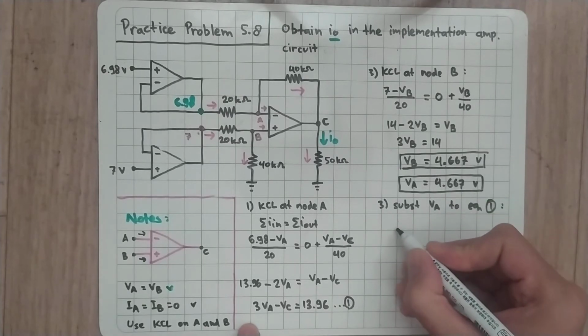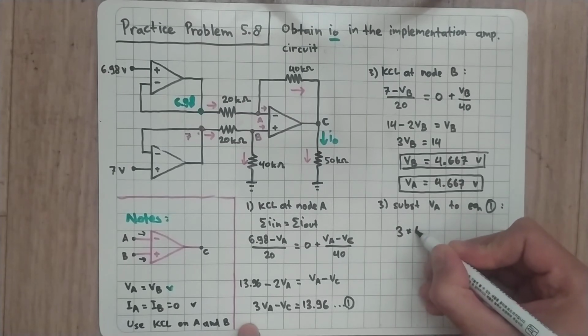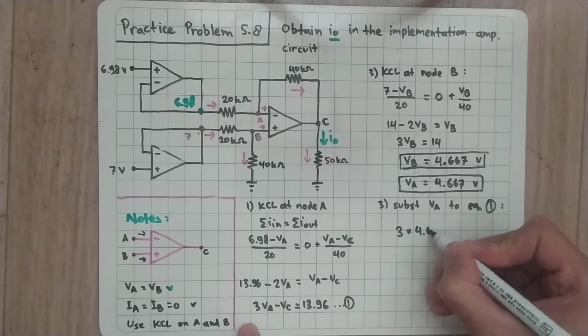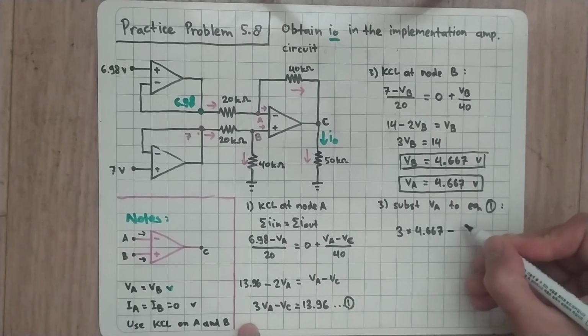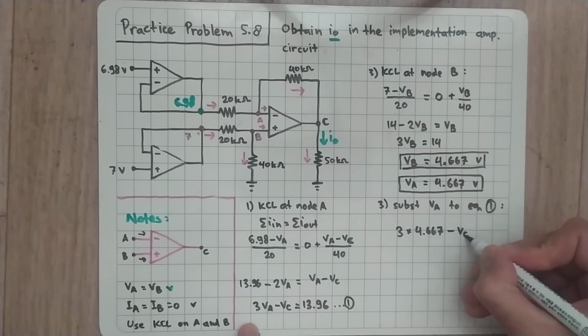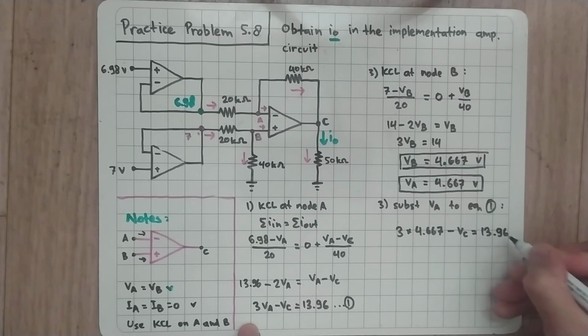So we'll have 3 multiplied by 4.667 minus VC is equal to 13.96.